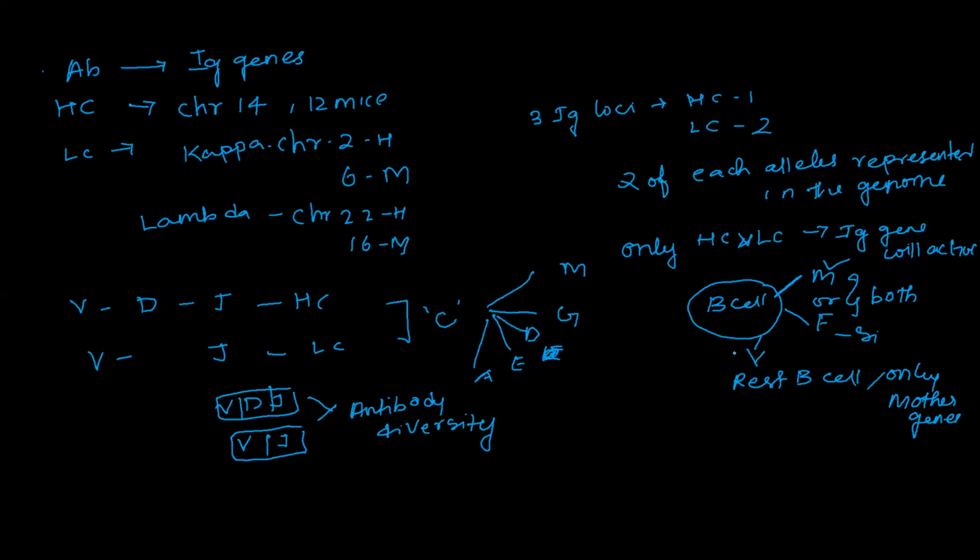It is just one cell. Maybe the other cell might express the father's gene, maybe the mother's. It depends on each individual cell, right? Each individual B cell can take up genes from either the mother or the father, but not from both. So when it is taking up genes from one allele, it is silencing the other allele.